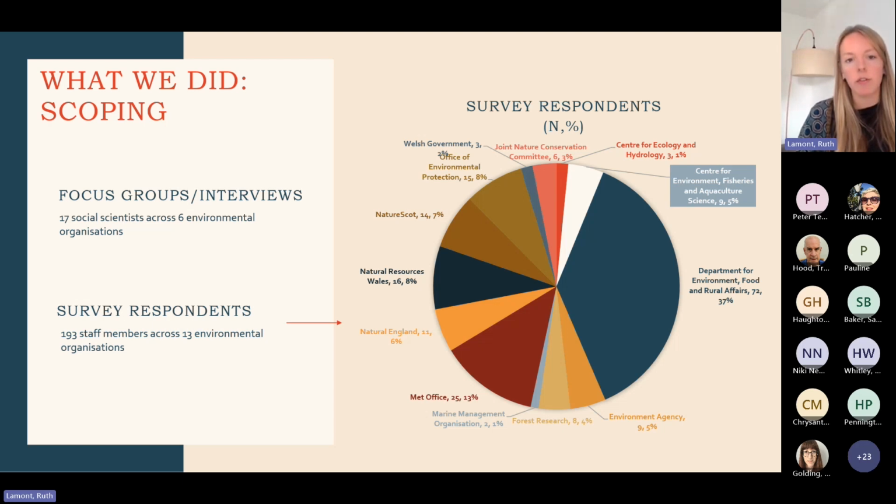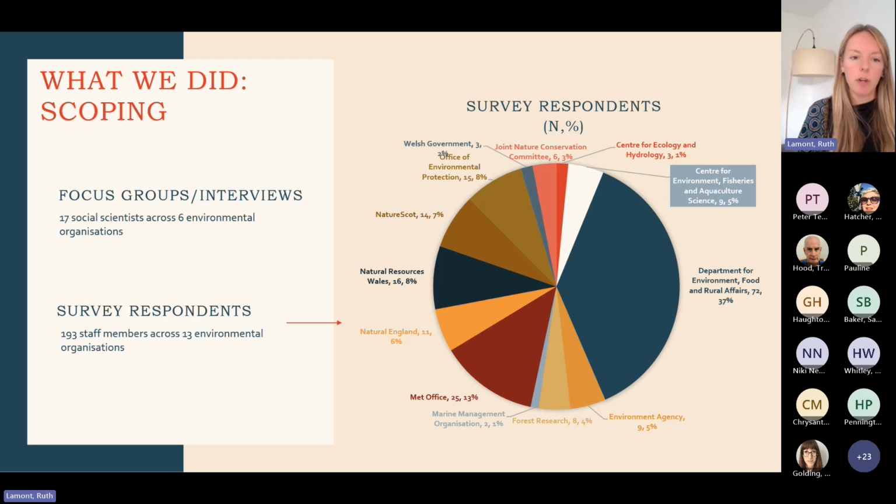I'll show you a pie chart of everybody that was involved, and we amazingly got 193 responses across 13 environmental organisations. And of those 193, there was a variability in people's experience. Some people were complete novices to social science, while others actually had a social science degree, just weren't currently sitting within a social science post.